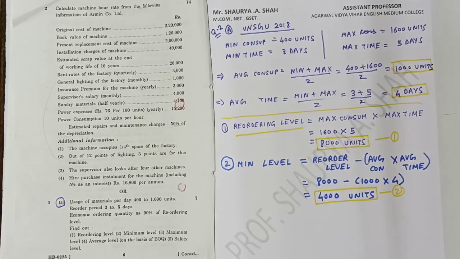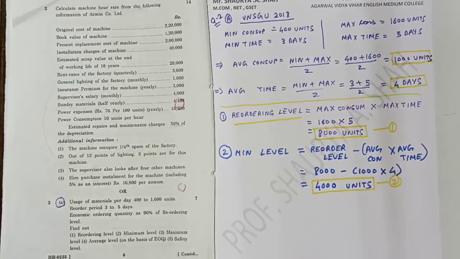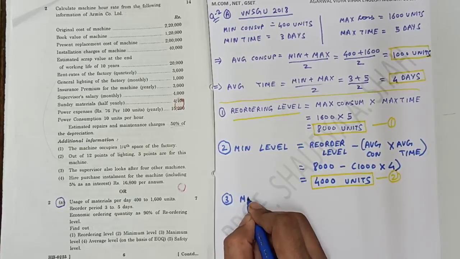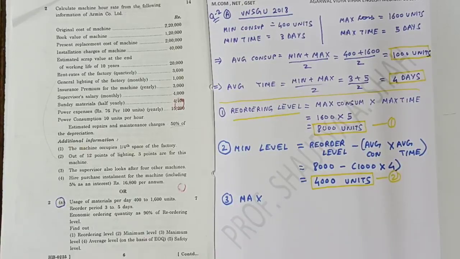Fine. Now starting with the third thing which is asked, that is maximum level, right? So writing down maximum level, what is the formula for maximum level, students? Maximum level is equals to reordering level minus minimum consumption into minimum time plus EOQ, right?